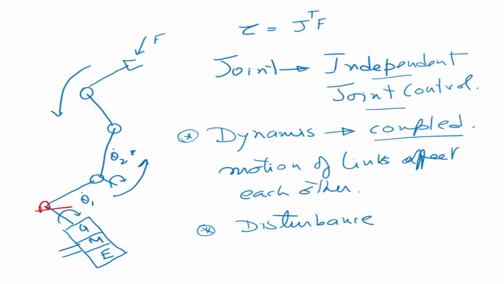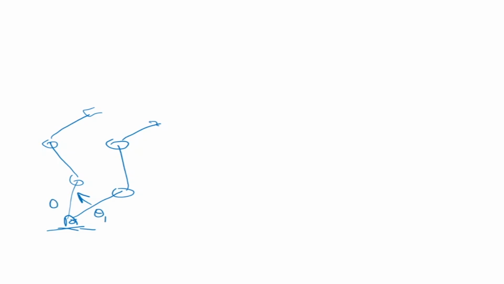and it is represented by a nonlinear, coupled differential equation. What this basically means, let me explain it a little bit here, is that suppose I'm here and I want to go to some other point. For the controller, it is at theta 1 and it wants to go to theta 1 dash. So it is going to control the joint angle theta 1 to take it from theta 1 to theta 1 dash.